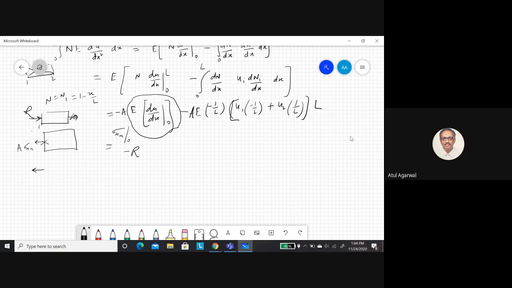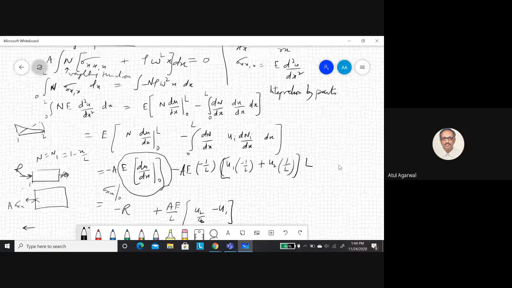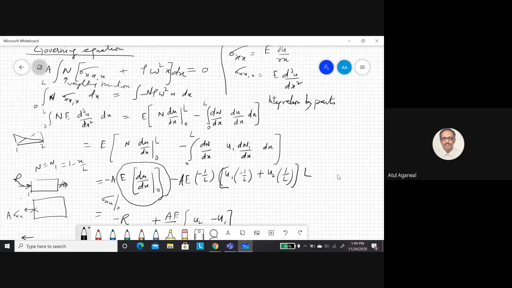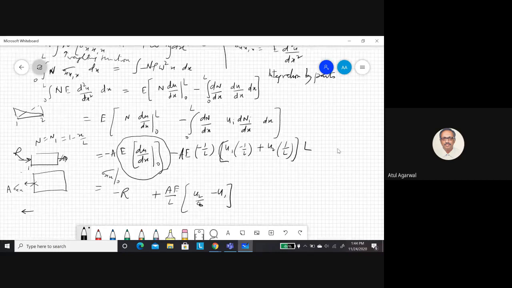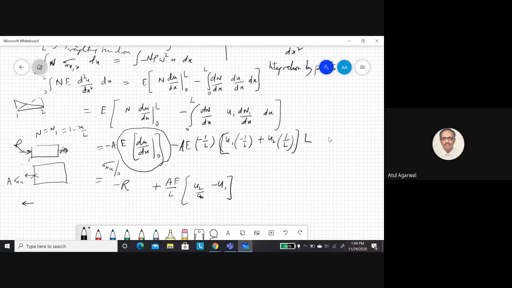Minus R plus this L cancels with this L. You get AE by L, and then you get U2 minus U1. So this is the first equation. And on the right hand side, this was your left hand side.